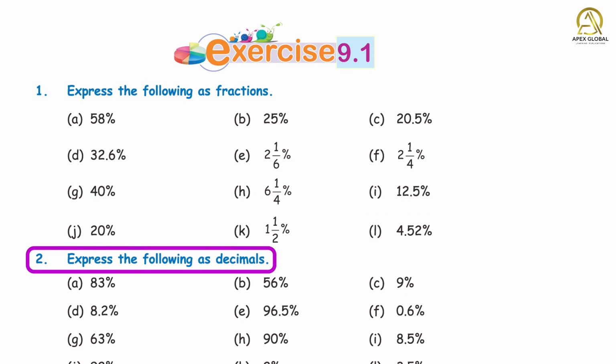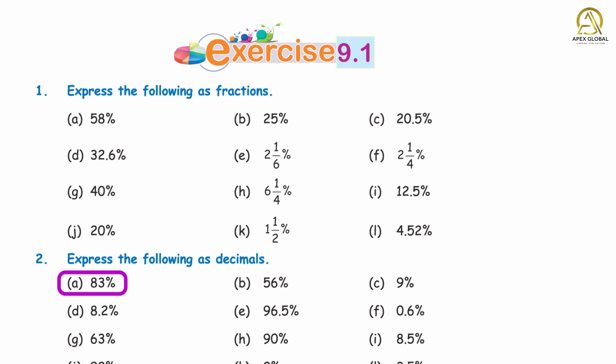Question 2. Express the following as decimals: A 83%, 0.83. B 56%, 0.56. C 9%, 0.09. D 8.2%, 0.082. E 86.5%, 0.865. F 0.6%, 0.006.